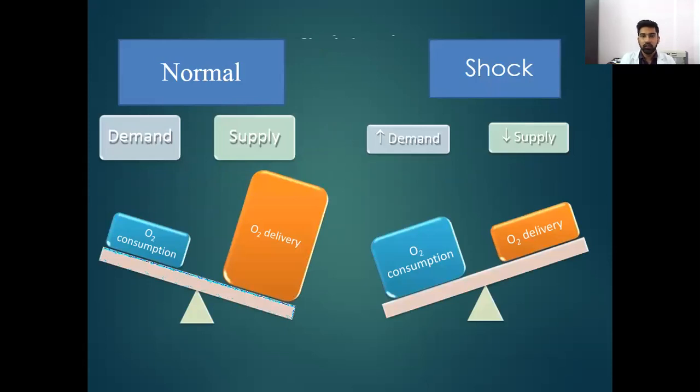So this is a diagrammatic depiction of shock, in which in the normal state the O2 delivery is higher and O2 demand is lesser. Supply is more and demand is less. Whereas in shock, as you can see, supply is less but the demand is more. It's like a seesaw between O2 consumption and O2 delivery for your easy understanding.